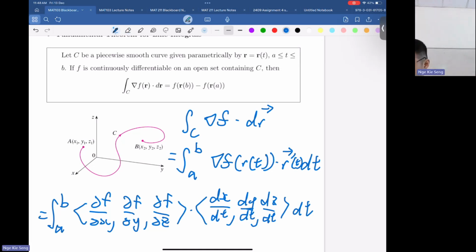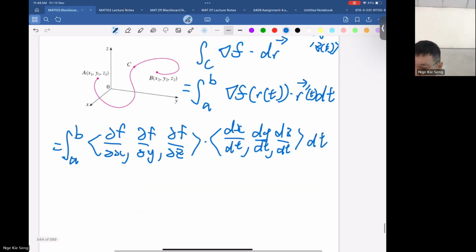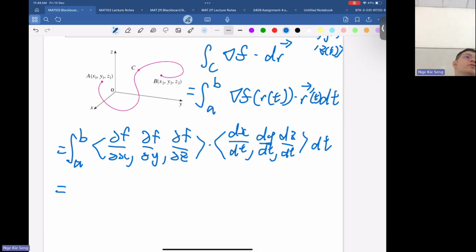Okay, in this case maybe you are a bit worried about where I get these x, y, z here. Really, we just set r(t) equal to (x(t), y(t), z(t)), because r(t) is a vector function. It gives you a vector. One thing you need to differentiate is vector function and vector field.